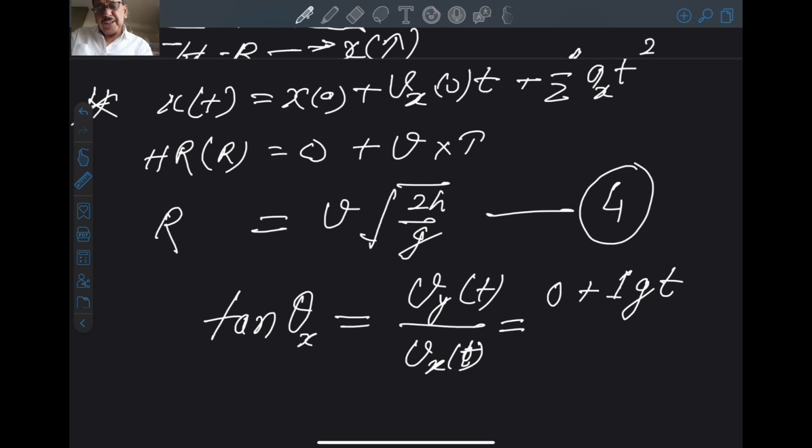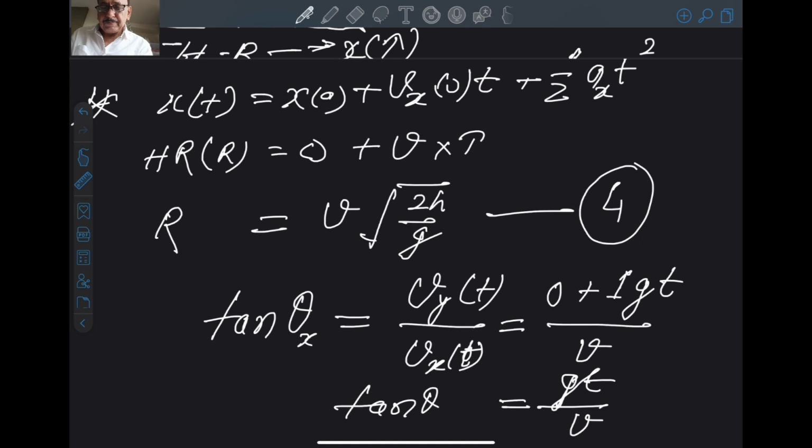V is equal to u plus at. And this becomes v. It is the initial velocity in x direction. You should know that there is no acceleration. So whenever I ask velocity in x direction, that becomes v. It does not change. So we can write this one, gt upon v. This is the direction of velocity.